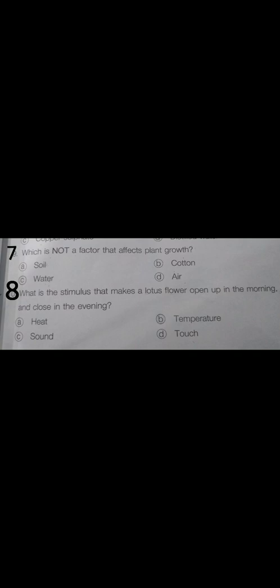D, air. And number eight, what is the stimulus that makes a lotus flower open up in the morning and close in the evening? Is it A, heat, B, temperature, C, sound, or D, touch?